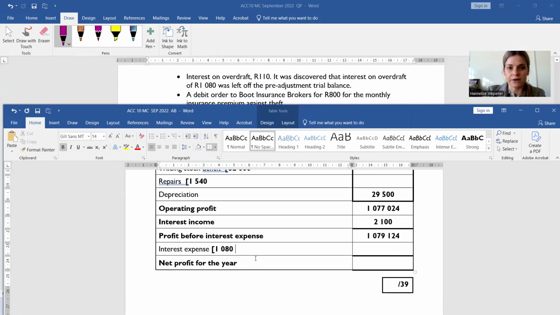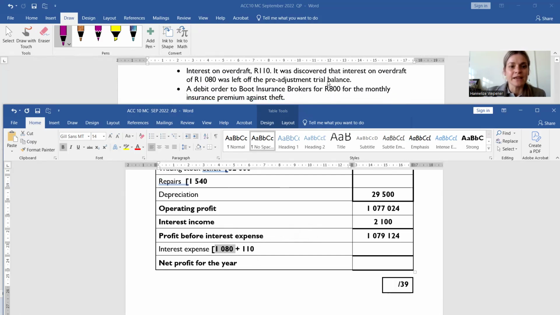So let's start off by recording that, 110. Right. Then it says it was discovered that interest on overdraft of 1,080 was left off the pre-adjustment trial balance. And then by mistake, they gave us the 1,080. So it was actually not left off. It was actually there. So we are good with that.